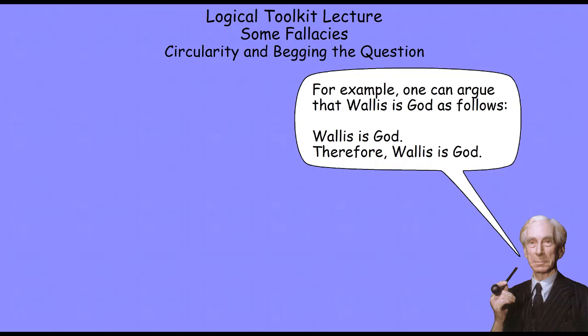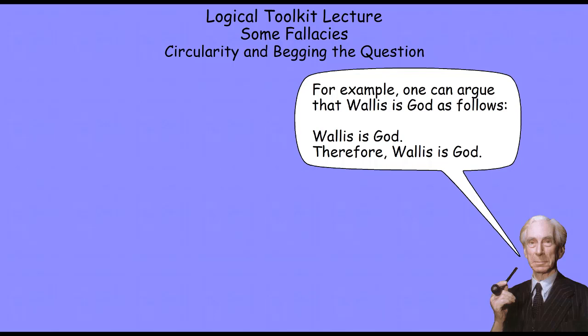Now, as I said, this is a very simplistic version of begging the question, because no one who doesn't already buy into my status as a deity, that is, thinks the conclusion is true, is going to find the argument convincing, is going to accept the premise and then see the premise guarantees the conclusion is true and accept the conclusion. Why? Well, it's the same phrasing.